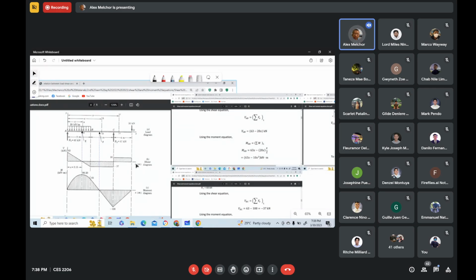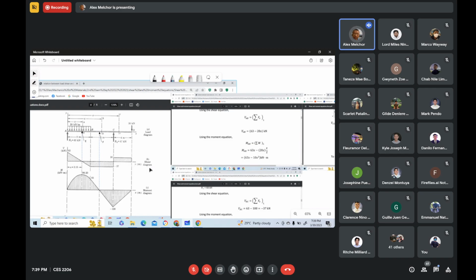By the way, before we drew the shear and moment diagrams, we drew vertical lines right under the sections where we have the changes of loading condition. So these are the sections where we have the changes of loading condition. We draw vertical lines right below, and then we draw a horizontal line representing the zero magnitude of shear.